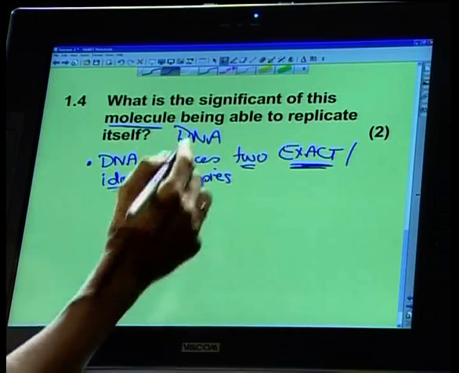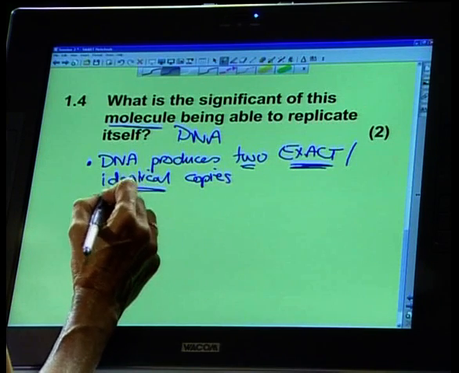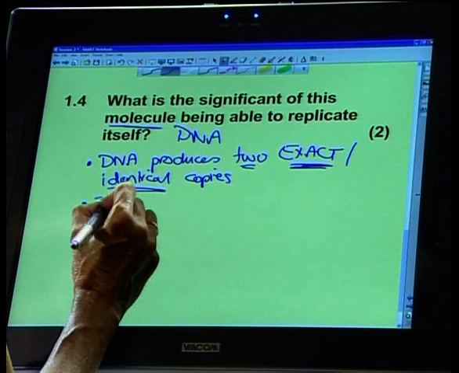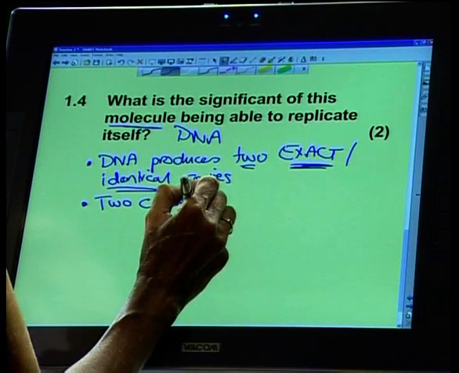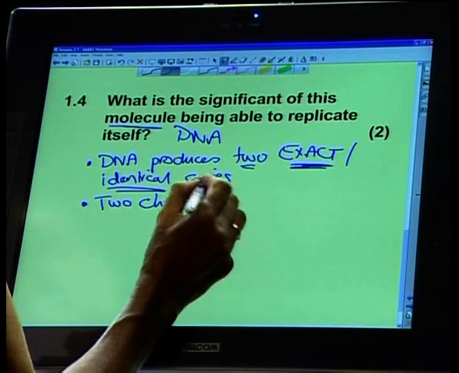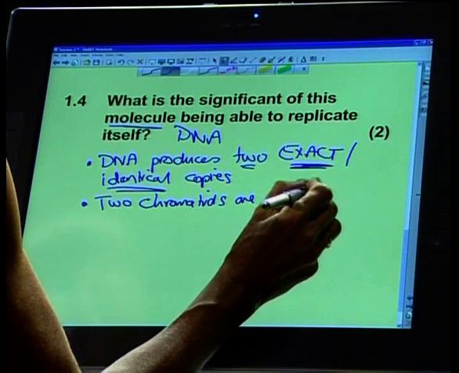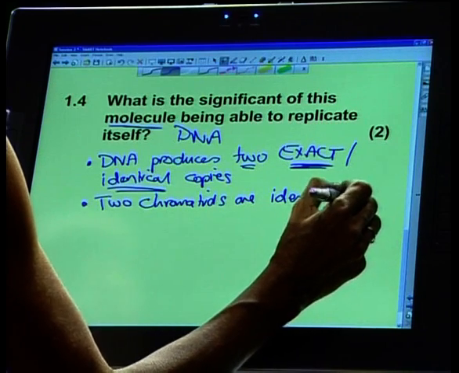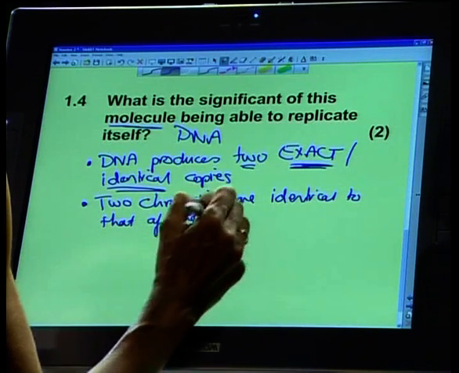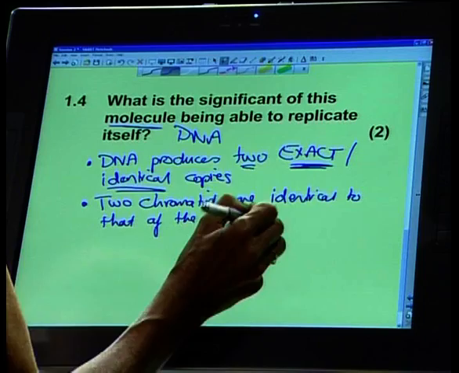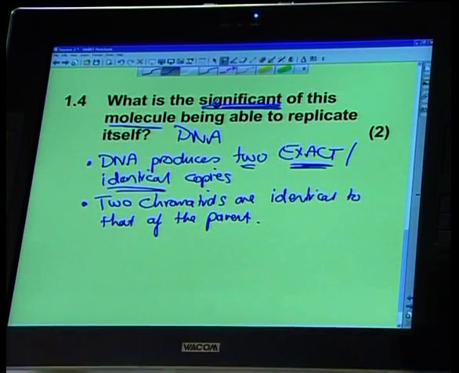That's why it's able to replicate itself. Then the second point: the 2 chromatids are identical to that of the parent. And that is the significance of a molecule being able to replicate itself.